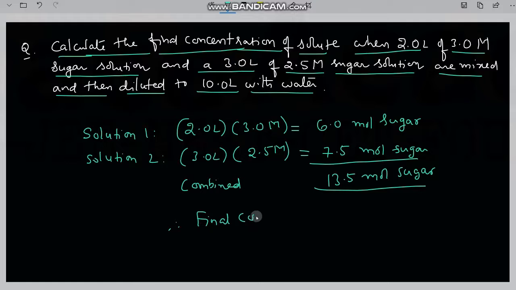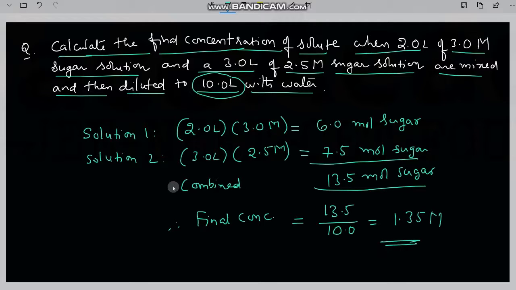You can find the final concentration by dividing this 13.5 by the total volume of the solution, which is 10.0 liters. So 13.5 by 10 is 1.35 molarity. That is the mixed solution concentration.